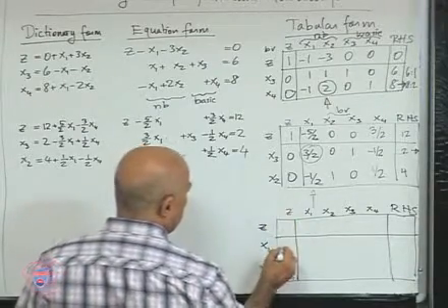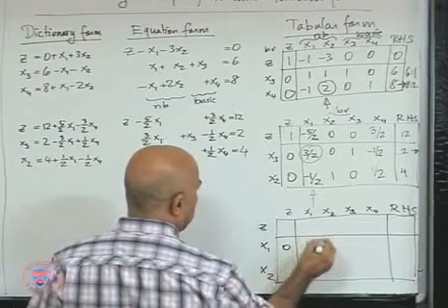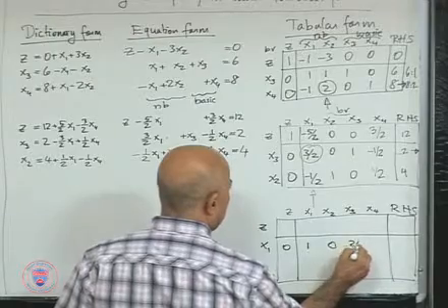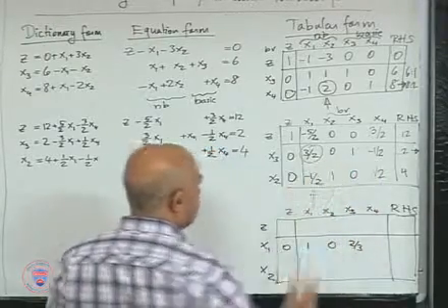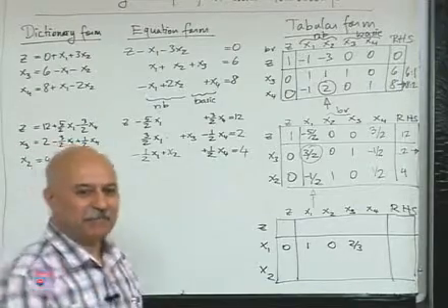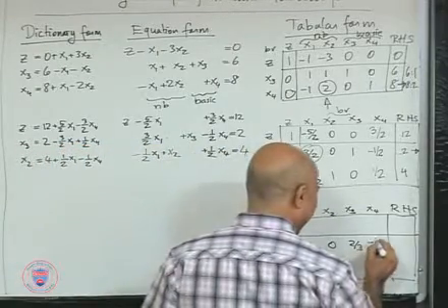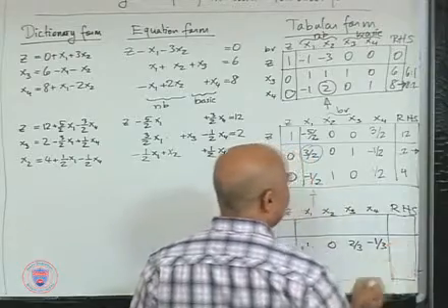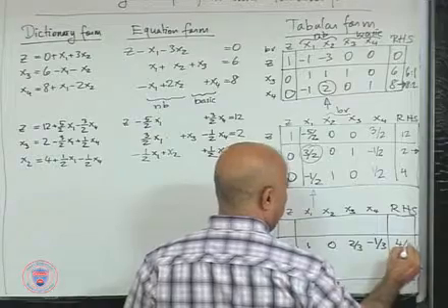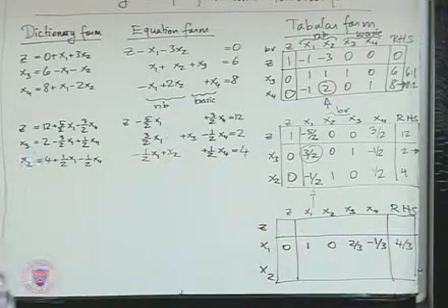When you do that, you get 0 here, 1 here, 0, 2/3, minus 1/2 divided by 3/2. That's too complicated for you. How much? Minus 1/3. And the right side? 4/3. Okay, that's the new pivot row.